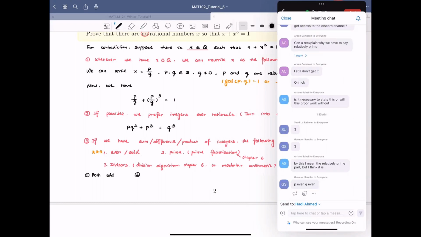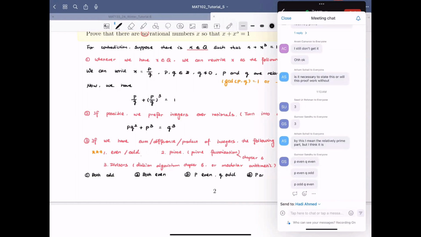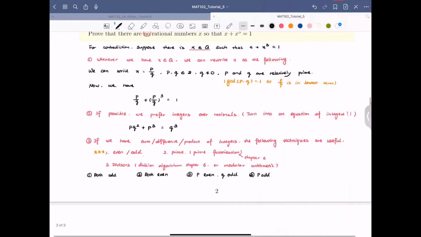Yes, you have to state it because that can give you one of the contradictions. Both odd, both even, p even, q odd, p odd, q even. You need 4 cases.